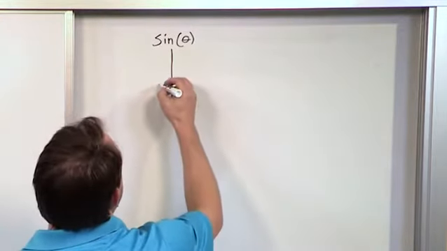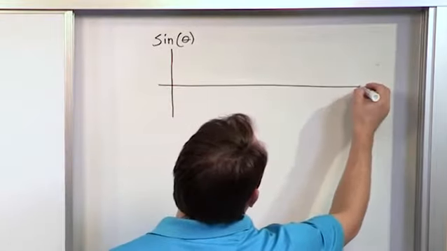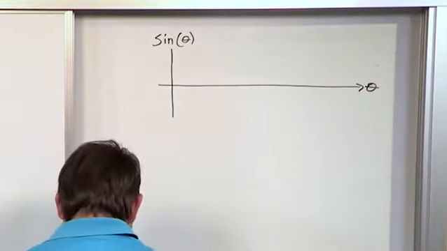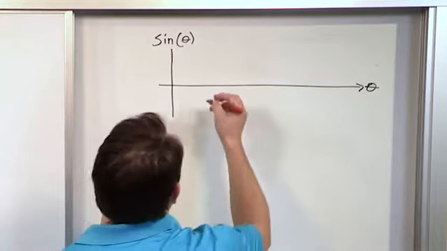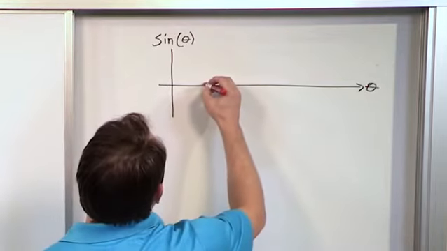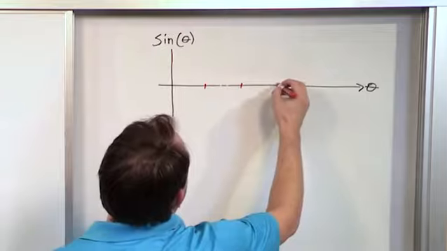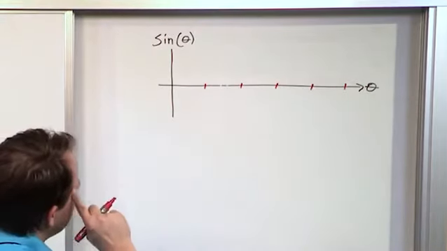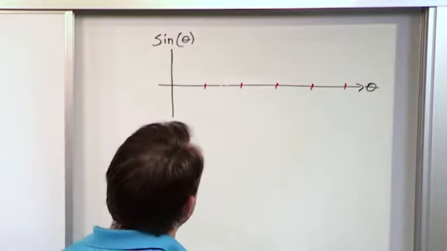So here is sine of theta plotted against theta. Now I'm not going to be exact with this. The point of this is not to be exact here. But what I want to do is just show you what it generally looks like, because you need to have this in your head a little bit. I think it's helpful.